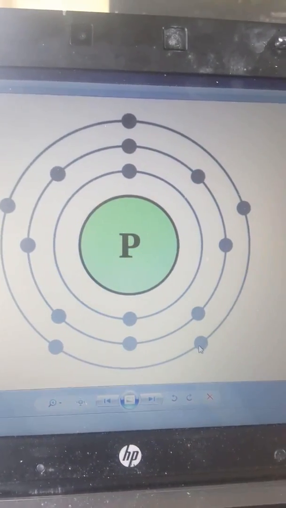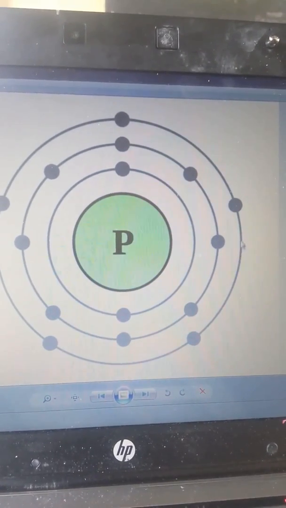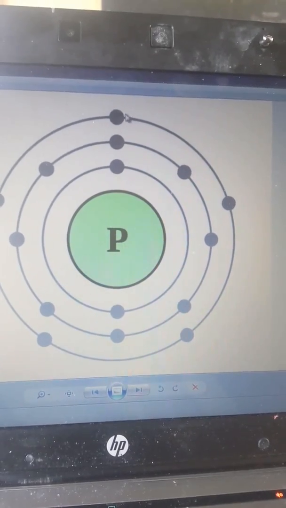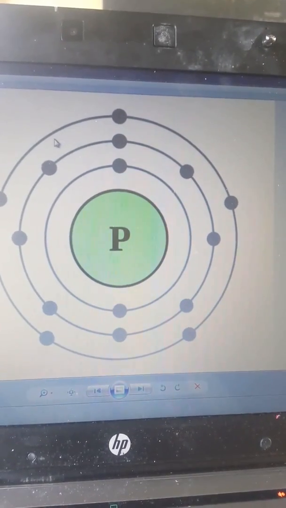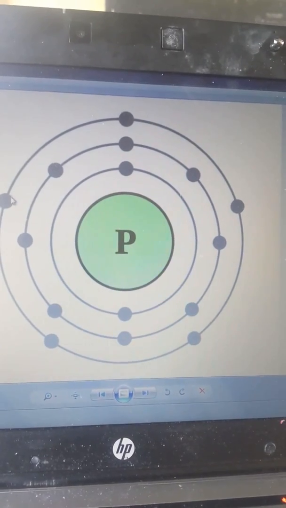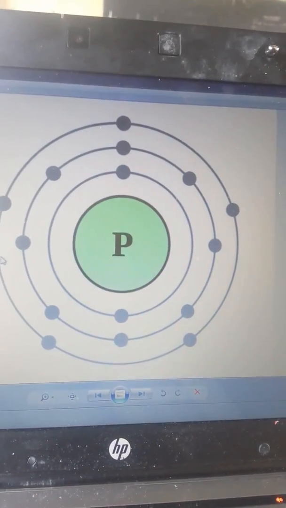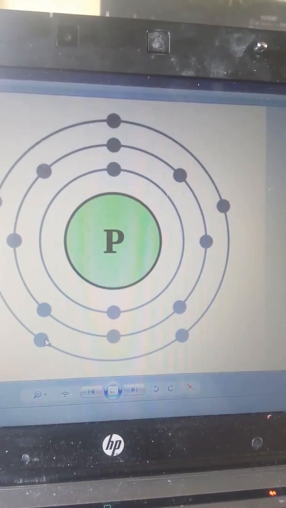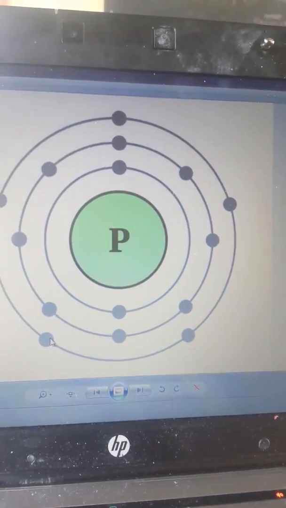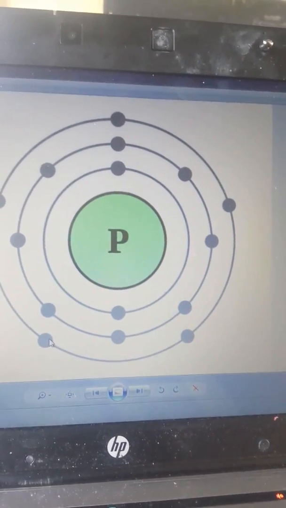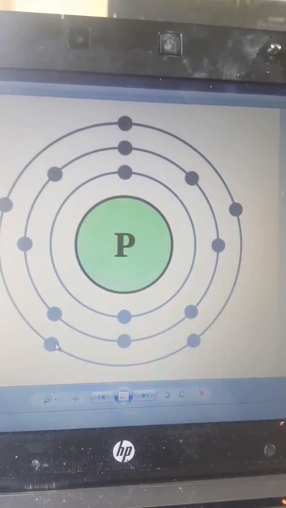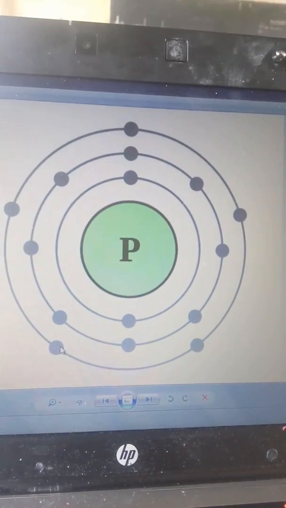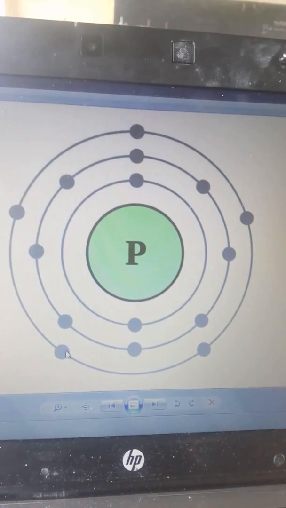Phosphorus has 5 electrons in its outermost shell. So phosphorus can lose 5 electrons or gain 3 electrons so as to become stable.